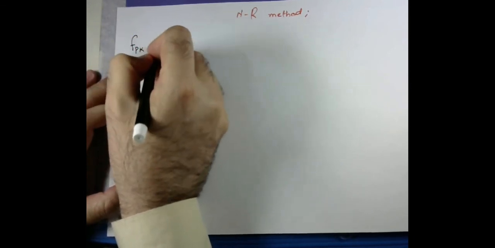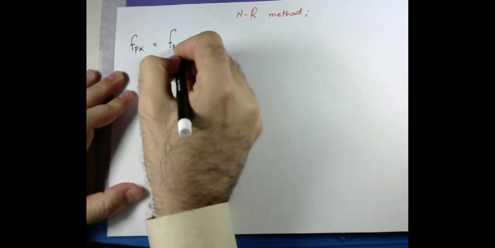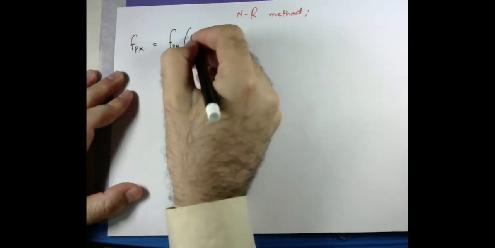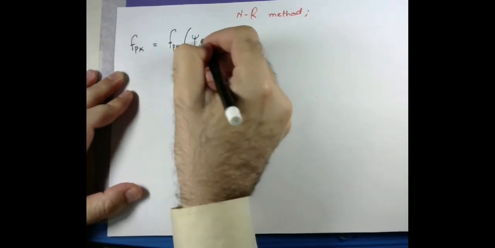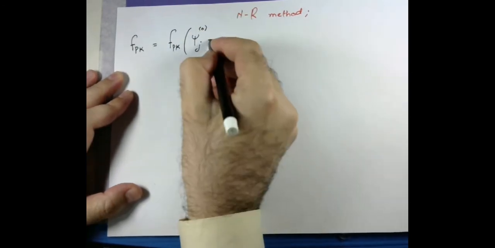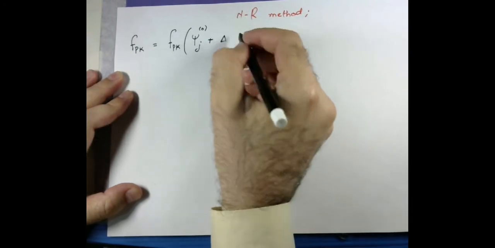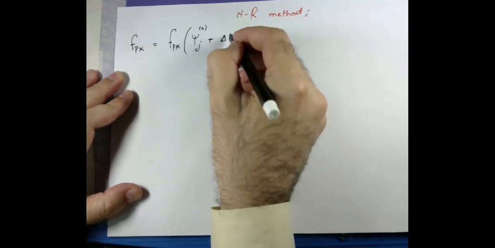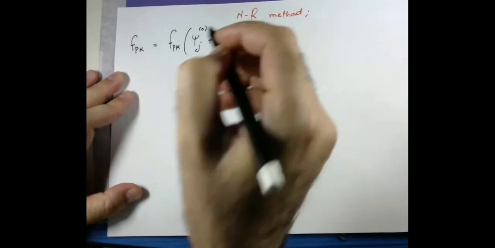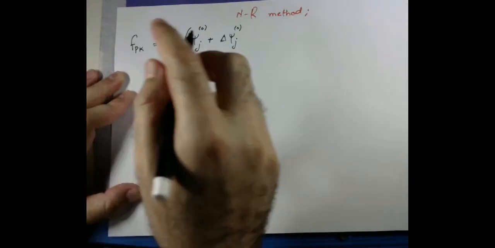So FPK will be equal to FPK of psi j, as this is the guess, plus the error in this particular guess. So based on the estimate plus error in the estimate, we write the expression for the active and reactive power.